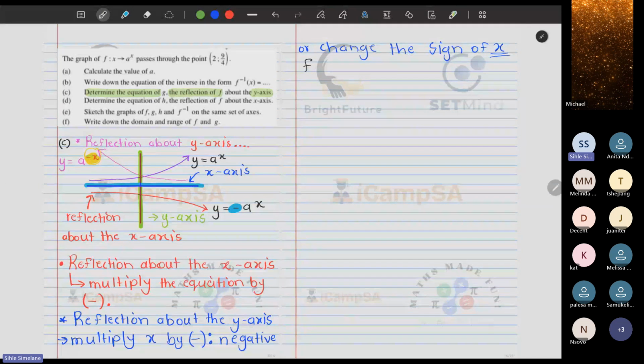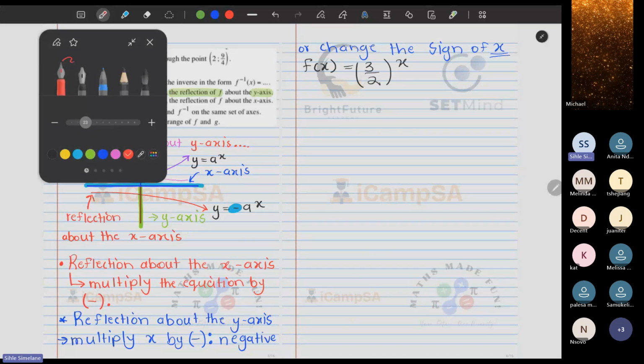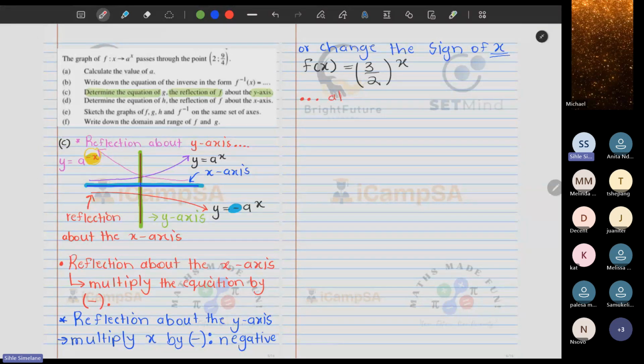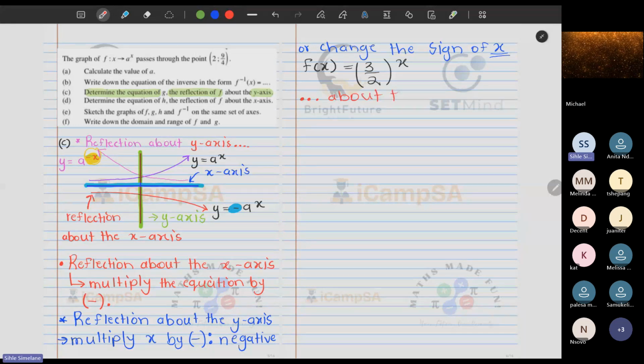So what is the equation of f of x? It was 3 over 2 to the power of x. Now we must find the reflection. And remember, guys, they said the reflection is about the y-axis. So what should I do to this equation? Anyone? To get the reflection.